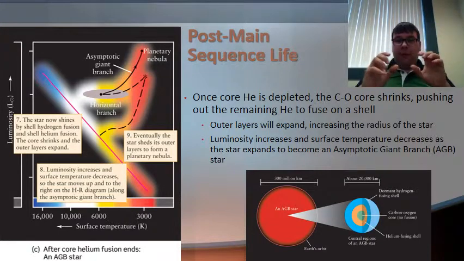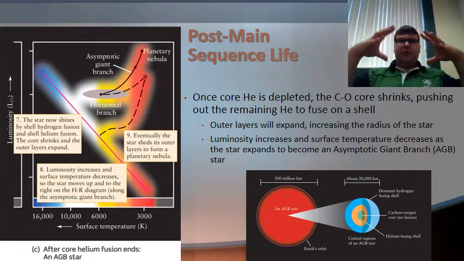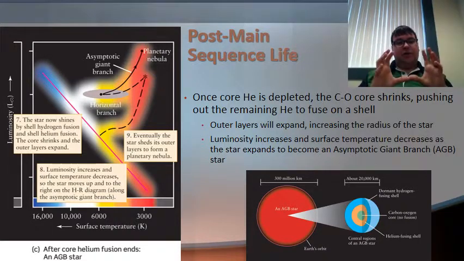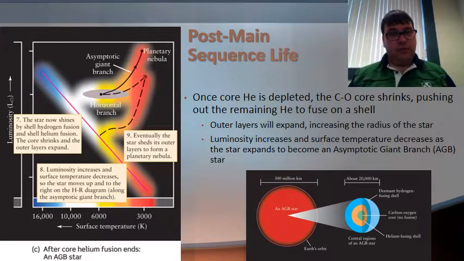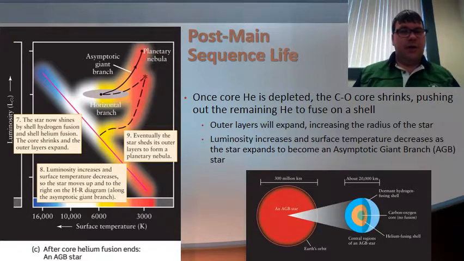Hydrogen that was left over is also pushed out from the core into a dormant hydrogen fusing shell. The dormant hydrogen fusing shell is not necessarily sustaining fusion. It may have fusion here and there, but it's not sustaining.